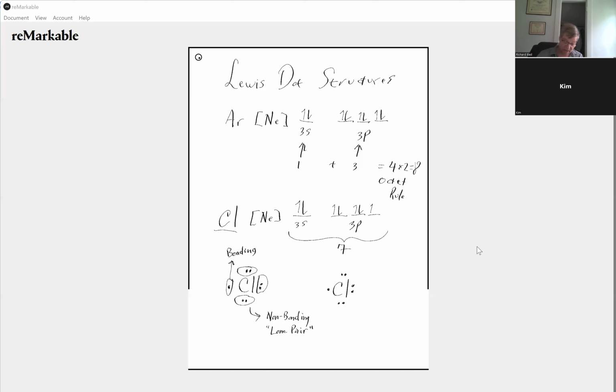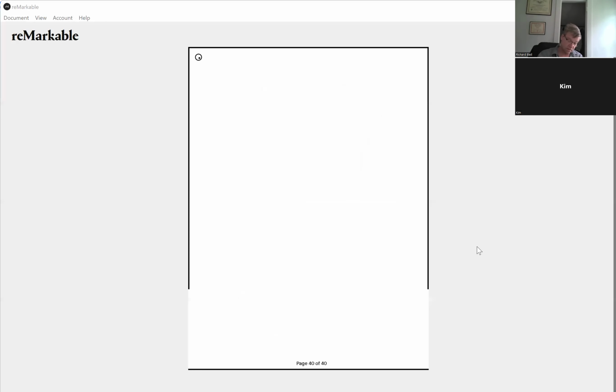So anytime you have an unpaired electron, those are the electrons that participate in bonding. So if you look at your periodic chart, the one that I have with the Lewis dot structures is actually missing the noble gas column. So it's going to look a little strange. If you look at a normal periodic chart, how do you do this?